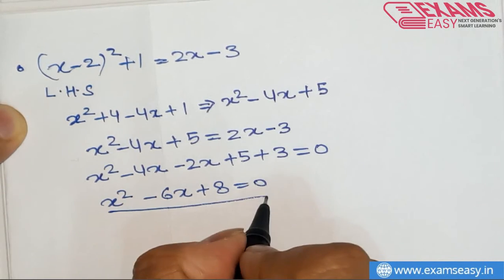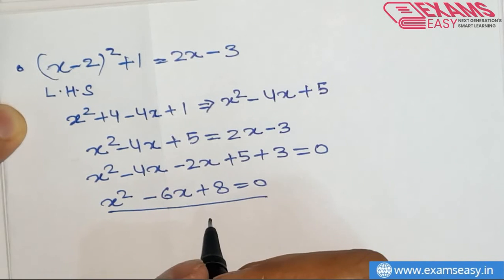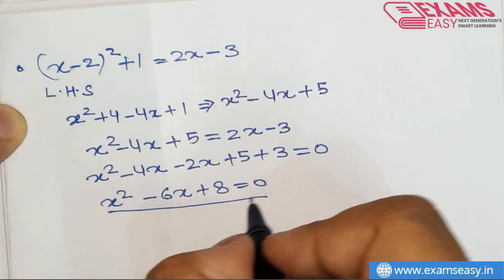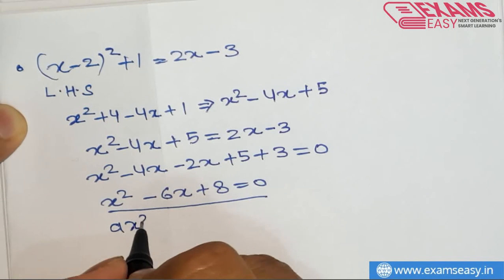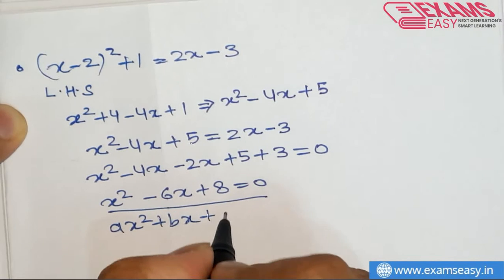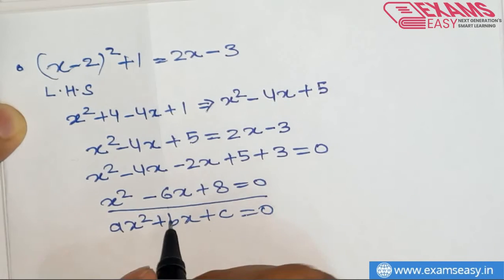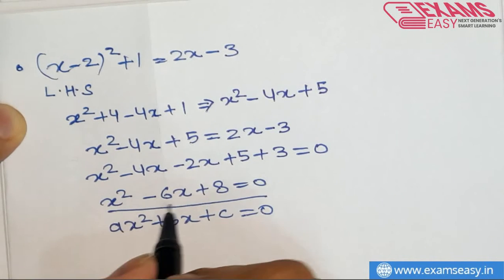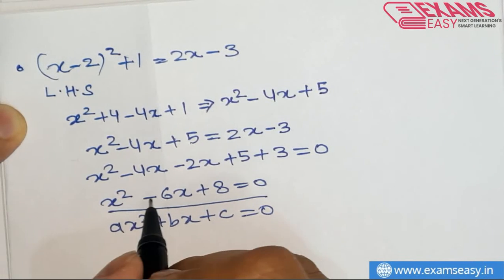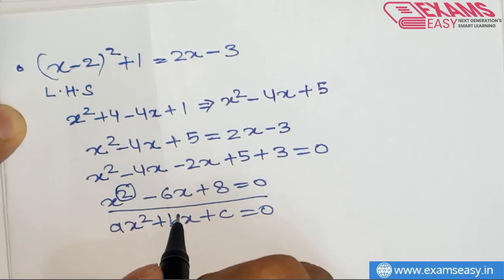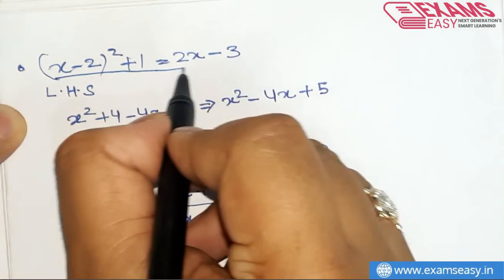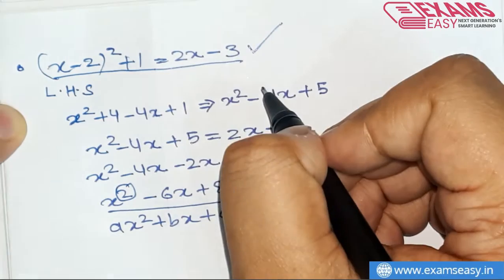This is the equation which we have seen in the generalized form of quadratic equation, which is nothing but ax square plus bx plus c is equals to 0. Since it has one variable, that is x, and the maximum power of x is nothing but 2, we can say that the given expression is a quadratic equation.